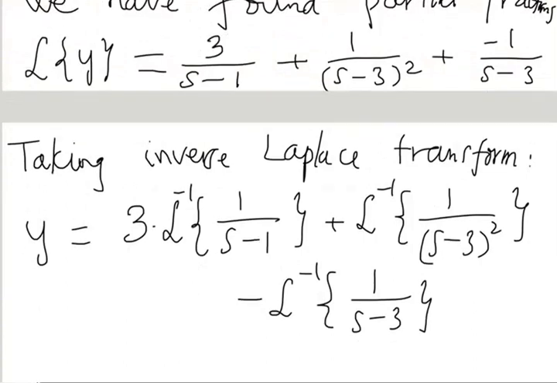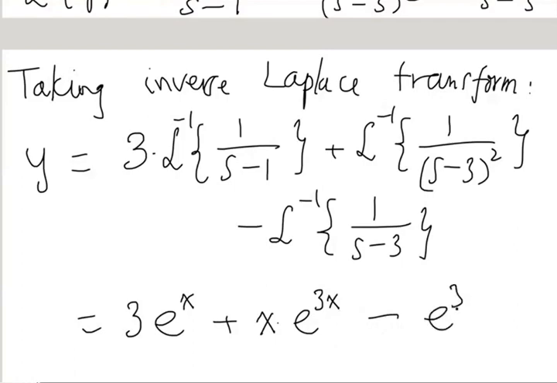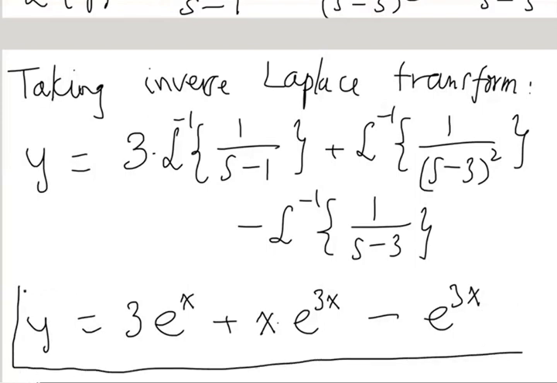Now looking at the table of Laplace transforms, we get 3e to the x. Inverse Laplace transform of 1 over s minus alpha squared involves x times e to the alpha x, so x e to the 3x. And lastly, we have minus e to the 3x. And this is the solution to the given initial value problem.